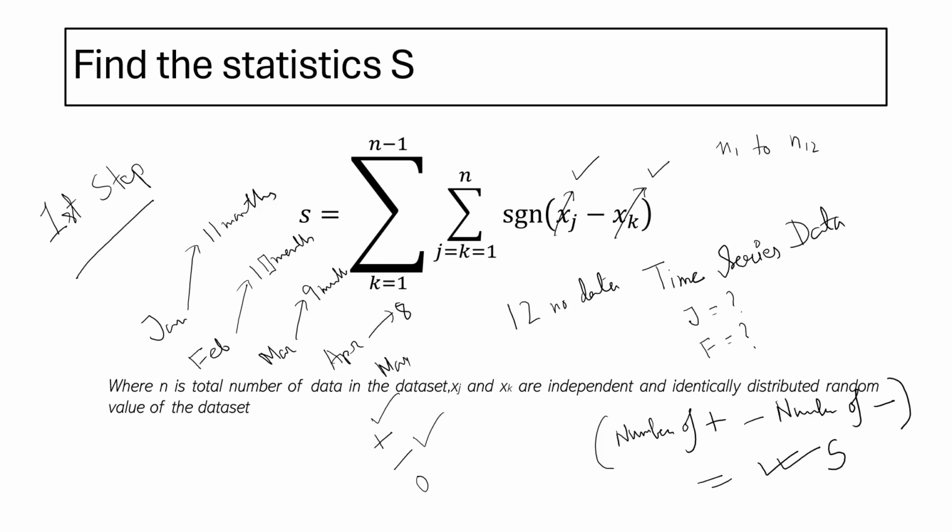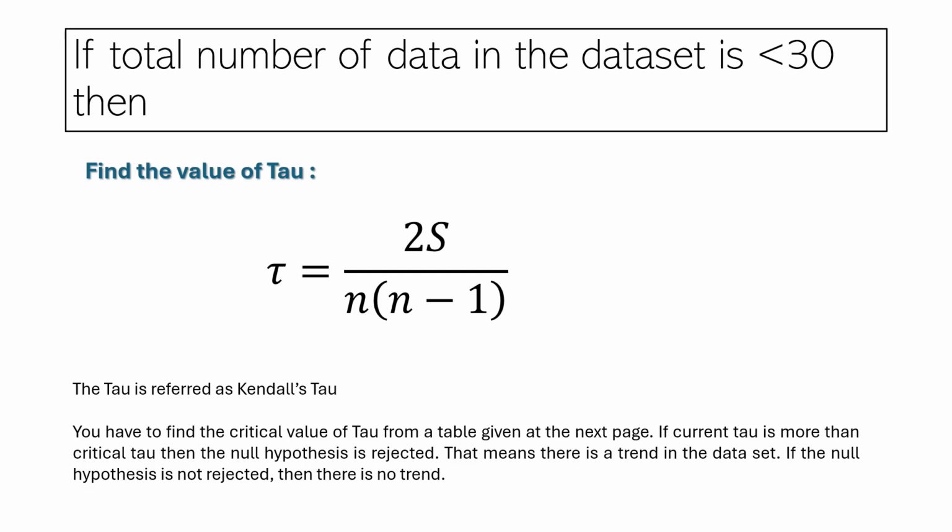Once you have calculated your S, the next step is check whether your total number of data in your data set is less than 30 or not. Okay, so you have 12-month data, so it is certainly less than 30. Okay, so you will find the value of tau that I have mentioned in previously.